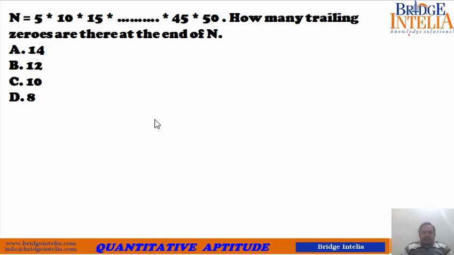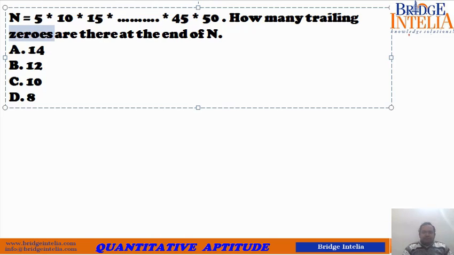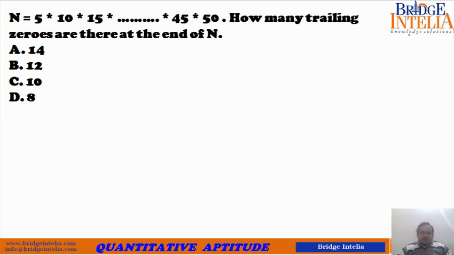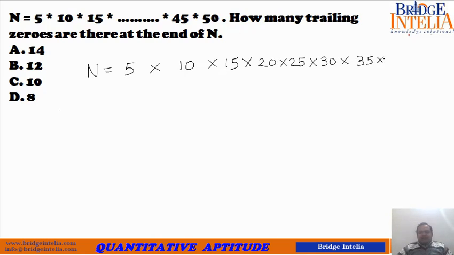Now let's see, n is equal to 5 into 10 into 15. That means n is the product of these numbers. So these numbers are basically multiples of 5. So let's see what n is: 5, 10, 15, 20, 25, 30, 35, 40, 45 and 50.